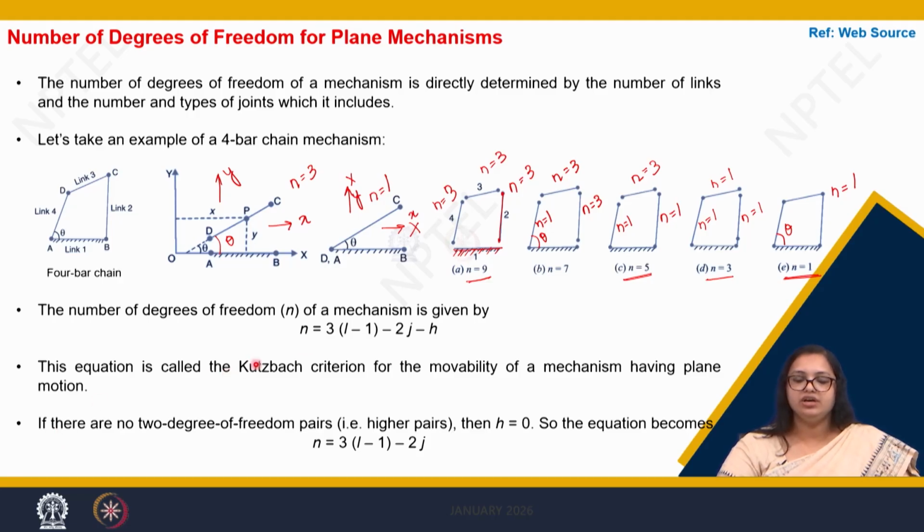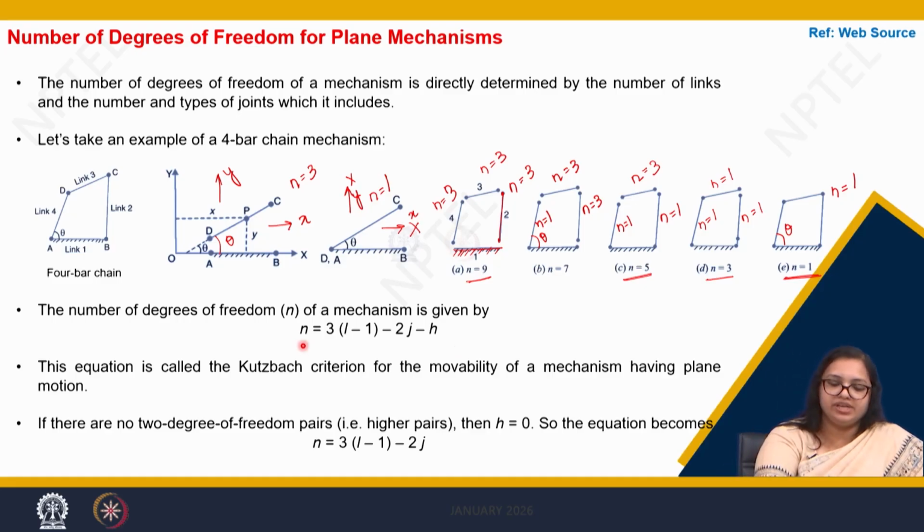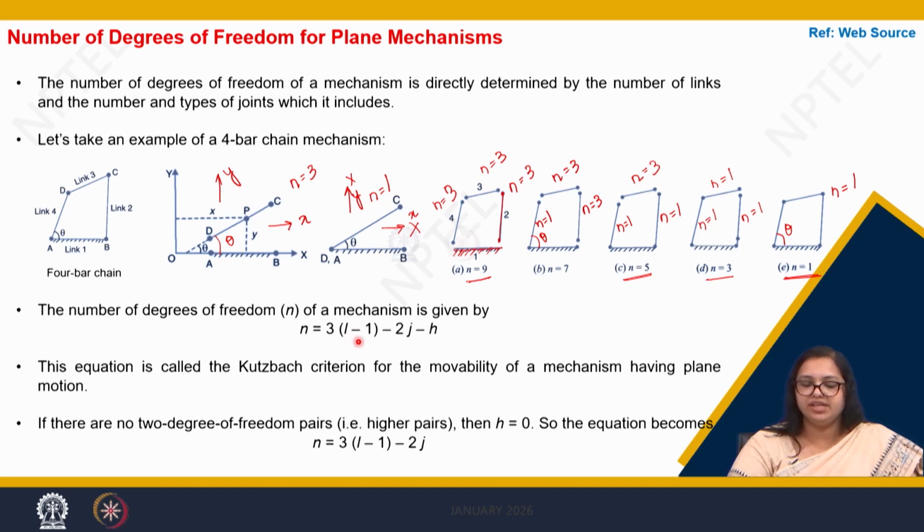So we have an equation for the number of degrees of freedom for a mechanism, which is given by n is equal to 3l minus 1 minus 2j minus h. Here n is the degrees of freedom, l is the number of links, j is the number of binary joints, and h is the number of higher pairs.